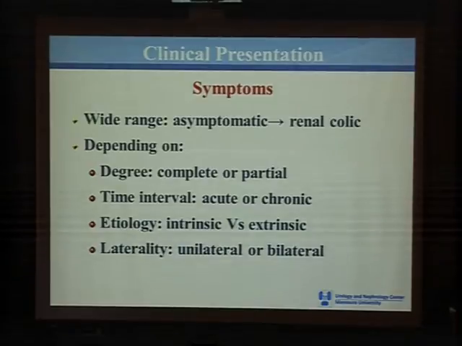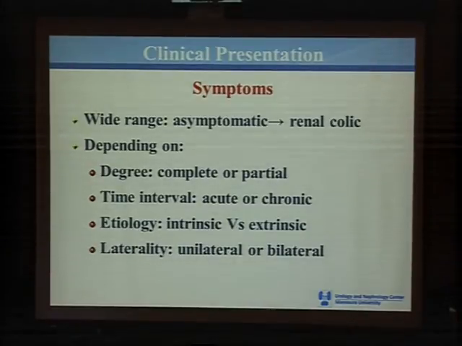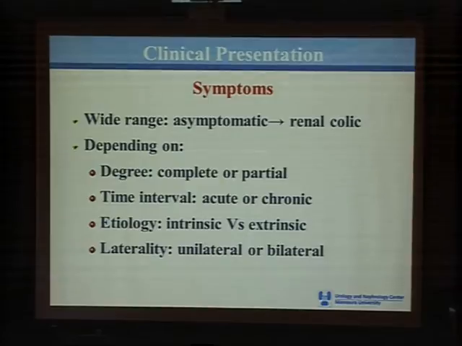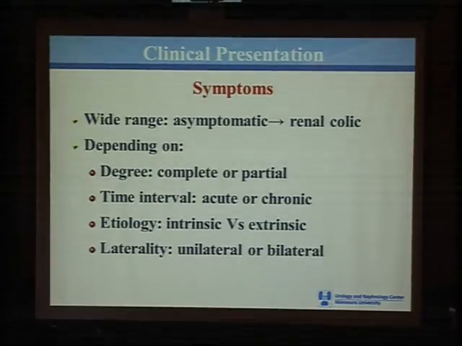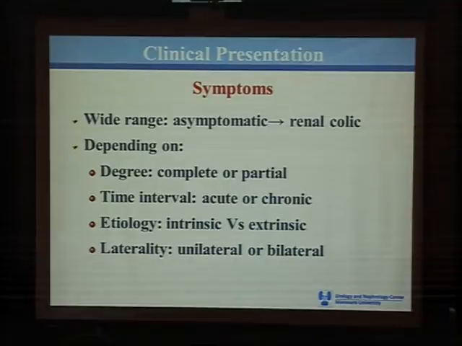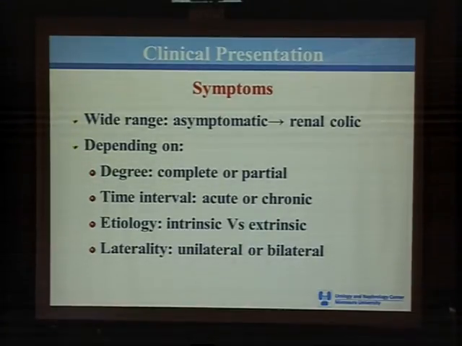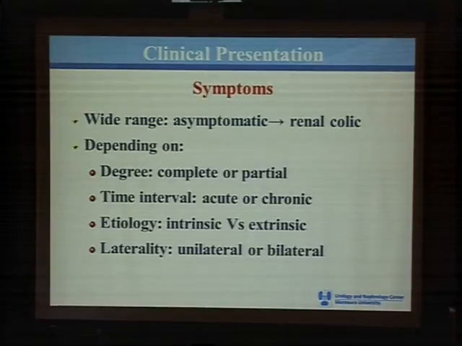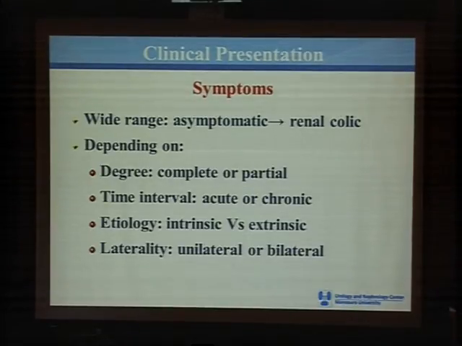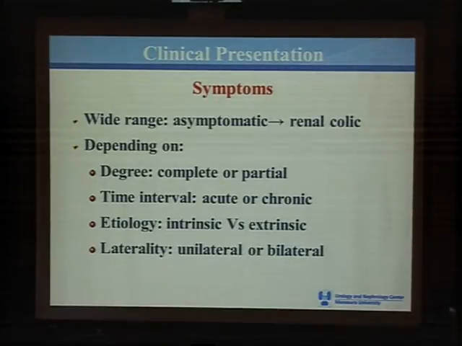This depends upon the degree of obstruction, whether it is complete or partial, the time interval, whether it is acute or chronic, the etiology of obstruction, whether it is intrinsic, that is to say inside the kidney, or extrinsic, that's to say outside the kidney and ureter, and also it depends upon the laterality, whether the obstruction is unilateral or bilateral. This is regarding the symptoms.